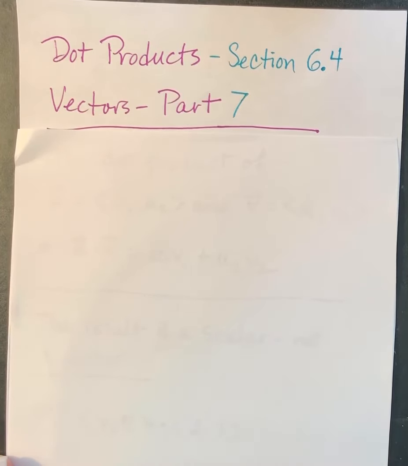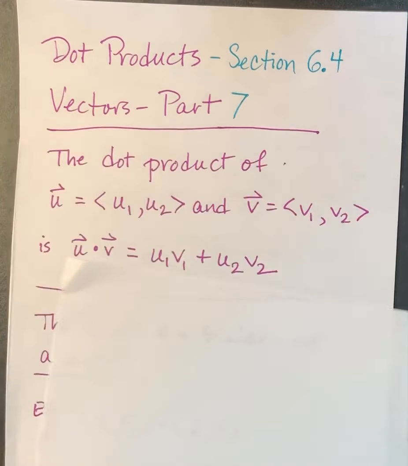We saw scalar multiplication earlier where you multiply a real number, which is called a scalar, times a vector. This is a product that uses two vectors. So here's your actual definition.